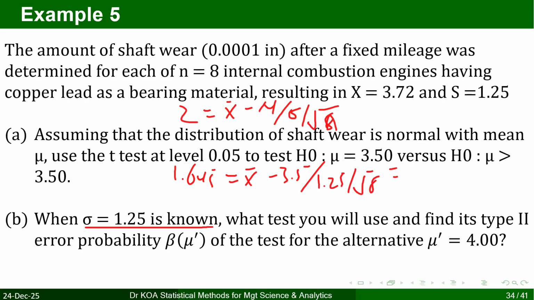So you find this value. You find the X value for this first. And if you go do the manipulation and everything, you cross multiply this by that. The square root of 8 is what? 0.4? 0.442, I think.